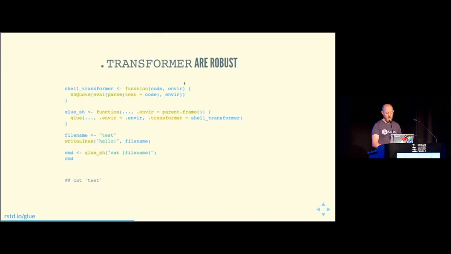The transformers are given the code that's inside the braces and an environment to evaluate them in. Then you can parse the code with the regular R parser and evaluate it. With that value, we can then shell quote it by passing it to the sh quote function. Using this transformer, you can define a new glue function, glue.sh, and use this, and it will automatically shell quote whatever's in the braces for you.